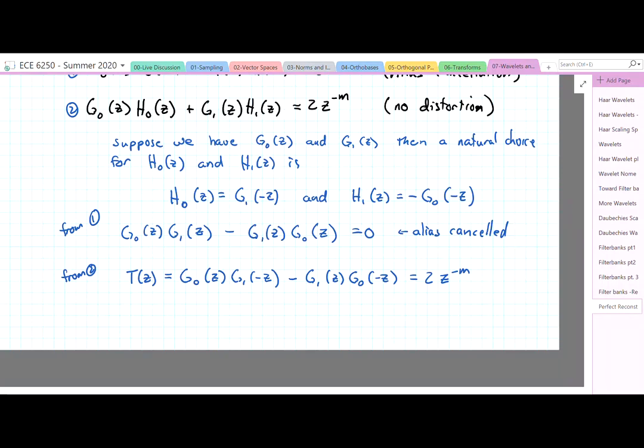So how do we do this? Generally, we usually fix G naught, and then find G1.